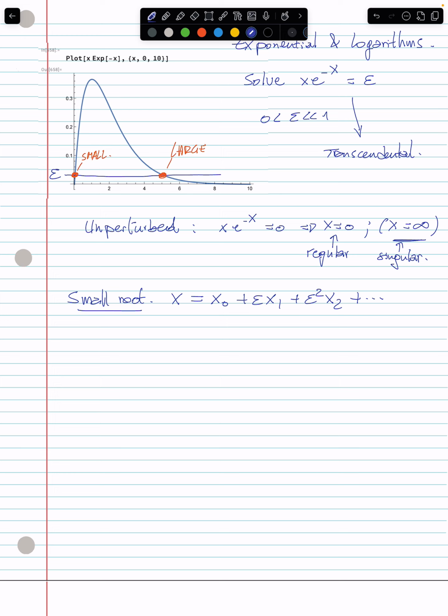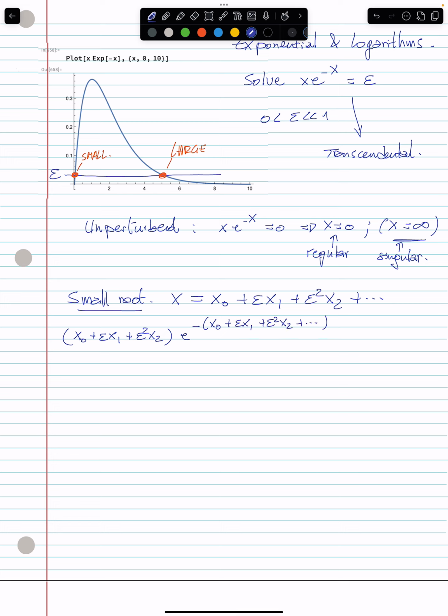All right. So if we just substitute this ansatz into the governing equation, what we have is x0 plus epsilon x1 plus epsilon square x2 multiplied by the exponential of minus x, which is of course, the exponential of minus x0 plus epsilon x1 plus epsilon square x2.